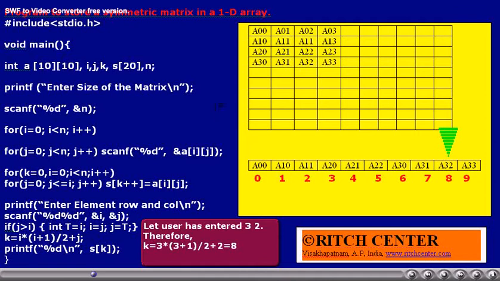He wanted the third row, second column element, and we wanted to access it from the 1D array. So to find out where that 3 2 element will be located, simply we calculate 3 into (3 plus 1) by 2 plus 2, that is 8, which means that the element A32 is available in the 8th element of the array S. You can verify from the figure.